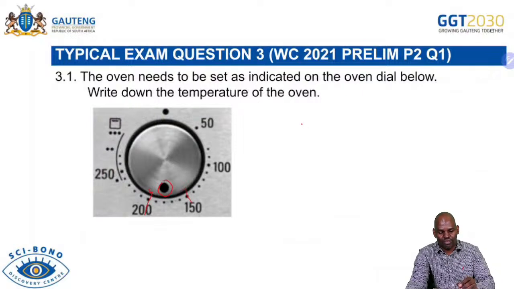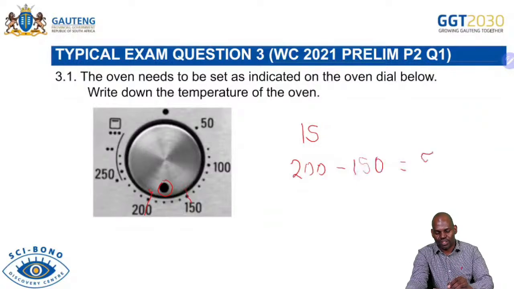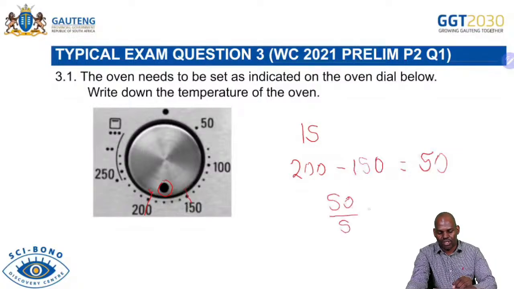So 200 minus 150 will give you 50. Then you divide it by the number of spaces there. So 50 divided by 5 will give you 10. So it means the first dot after 150 is 160.